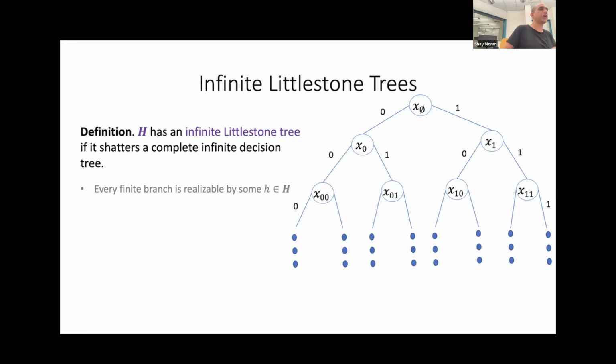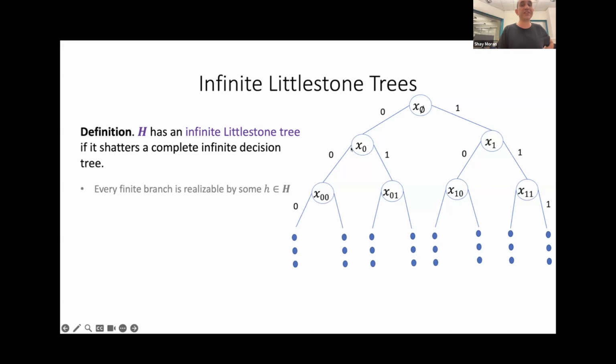So H has an infinite Littlestone tree if there exists a way to assign to every node in the tree a point X, such that every node is reachable by some function in the class. I guess VC dimension is when you insist that at every layer it's the same variable? Very good.